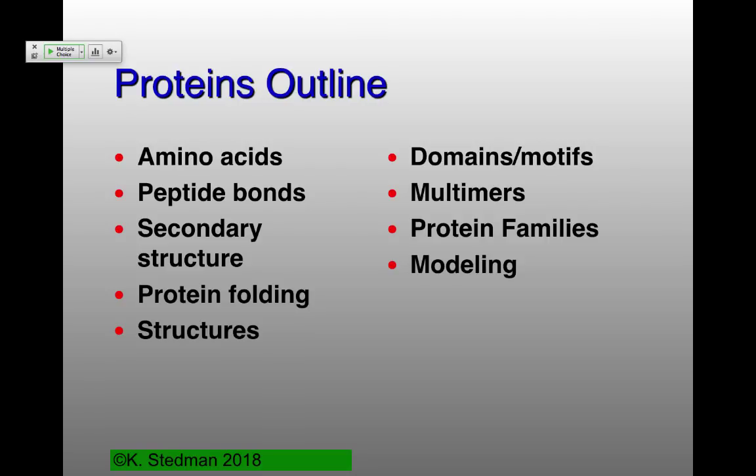Through hydrogen bonding interactions between those backbone atoms on your amino acid molecules, those are going to be the ones that are part of the peptide bonds. Those hydrogen bonds are going to form the secondary structures. They're going to be alpha helices, beta pleated sheets. And we'll see, particularly the case of beta pleated sheets, a little bit later on today.